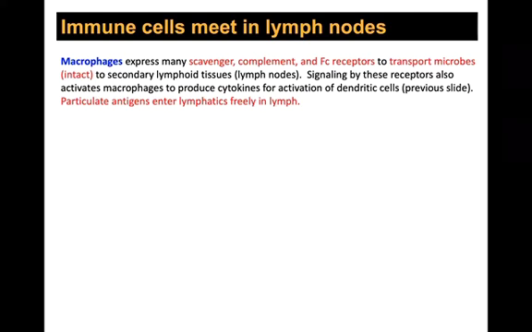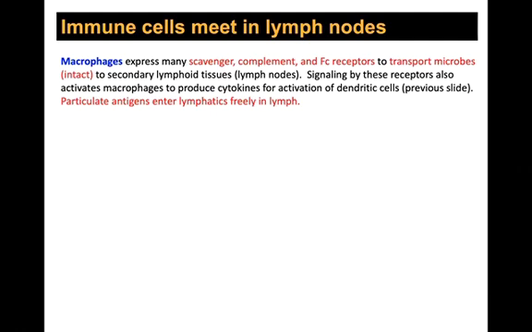But if it's anything bigger than a bacteria, it's typically transported there by macrophages, and they transport it on their cell surface. They don't engulf it. These macrophages have scavenger receptors, complement receptors, and antibody Fc receptors that allow them to transport microbes intact to secondary lymphoid tissues or your lymph nodes.